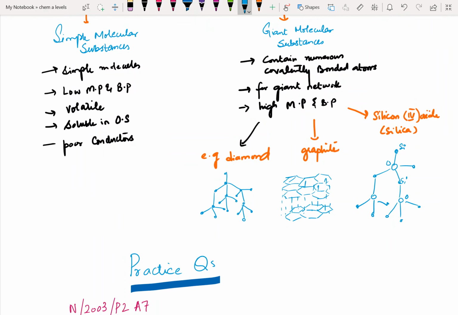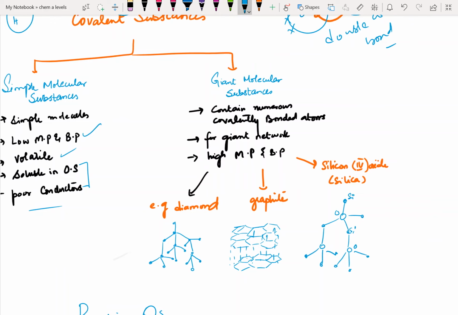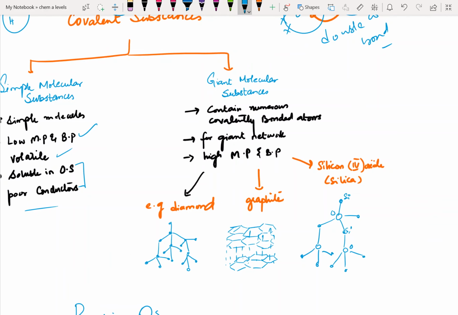Covalent substances can have a simple type of structure, while some covalent substances have giant molecular structure. Simple molecules have low melting and boiling points. They are volatile and soluble in organic solvents, and usually they are poor conductors because they don't have ions, so they cannot conduct electricity and heat.